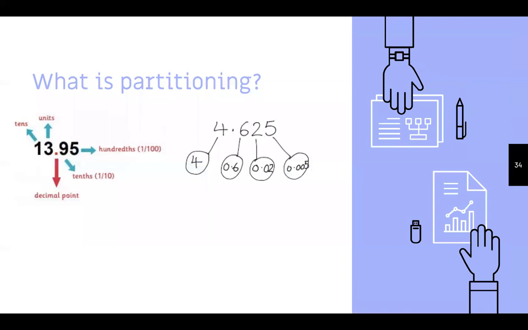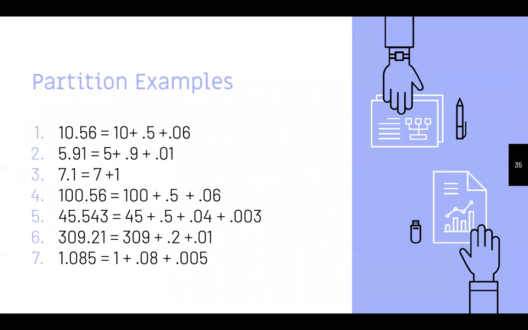I'm telling you, most important part in this presentation, right? Understanding that, and then partitioning it. You can see 0.6 plus 0.02 plus 0.005. Going back to the blocks, adding those up will equal 0.625.